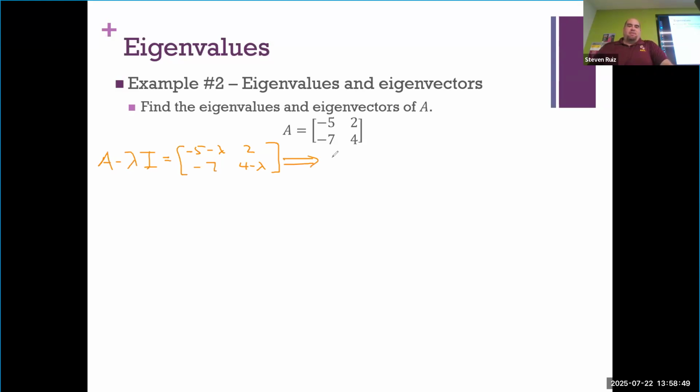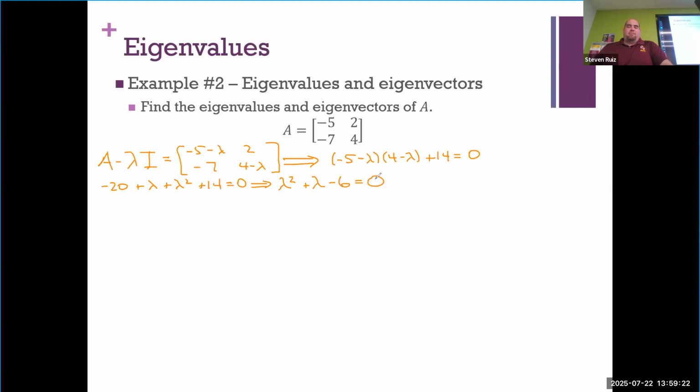Okay. So the determinant of this will be (-5 minus lambda)(4 minus lambda) plus 14 equals 0. So -20 plus lambda squared plus 14 equals 0. Did I give you something that factors nicely?